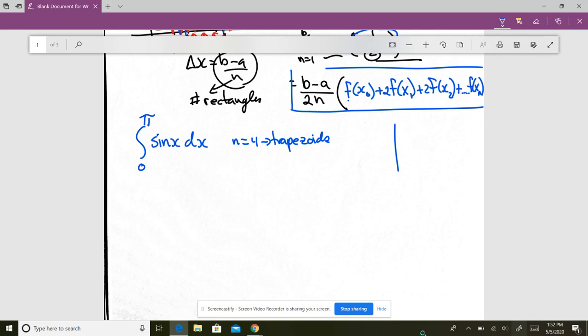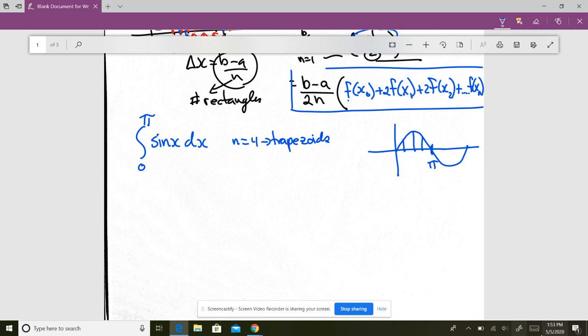All right, so sine graph, if you just remember, there's a sine graph, we're only going to pi, so we're just doing this area here. We're using 4 of them. All right, so 4 trapezoids.